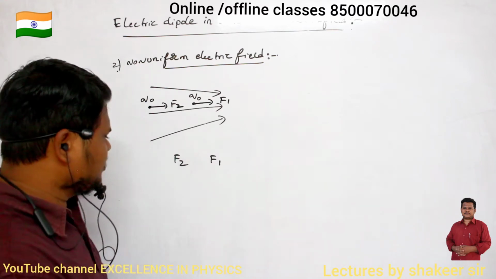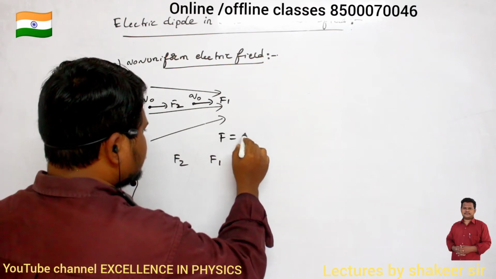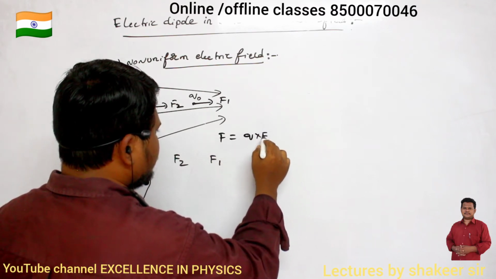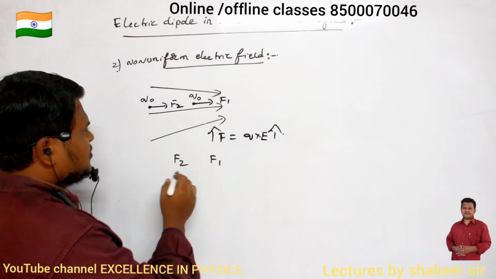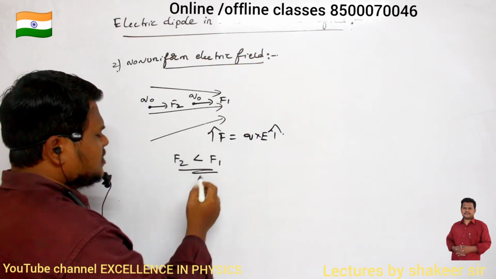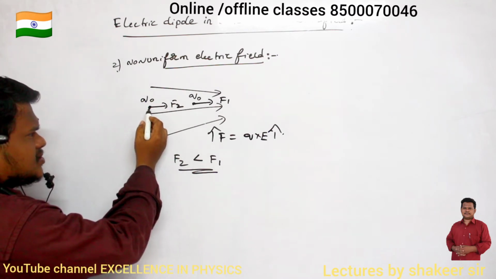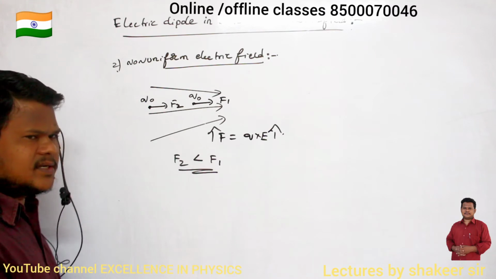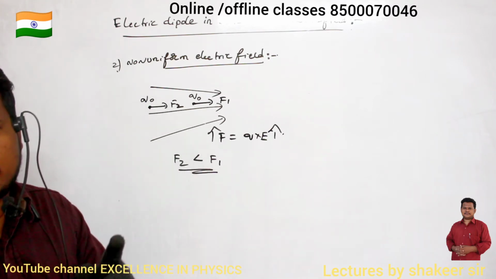If the electric field value increases, force also increases, because force is equal to Q into E. So definitely F2 is less than F1. Here the charge experiences a lesser force, here a greater force. This is what is called a non-uniform electric field.